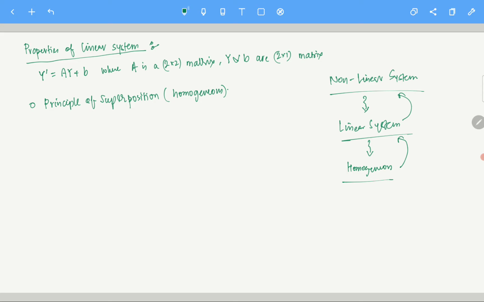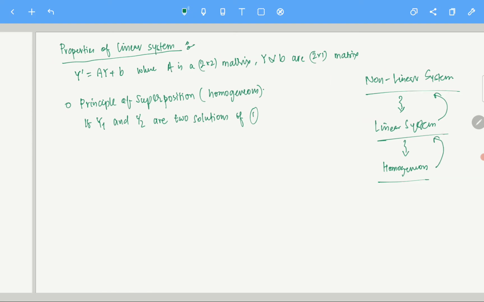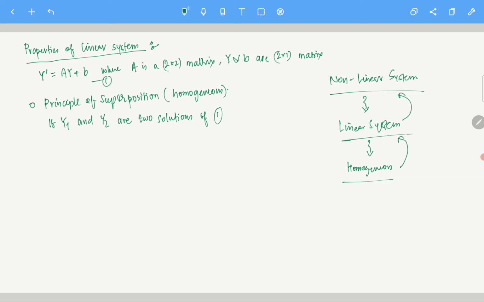Okay, so for a homogeneous linear system, what is the principle of superposition? So if y1 and y2 are two solutions of one. I don't remember what I proved about solutions.